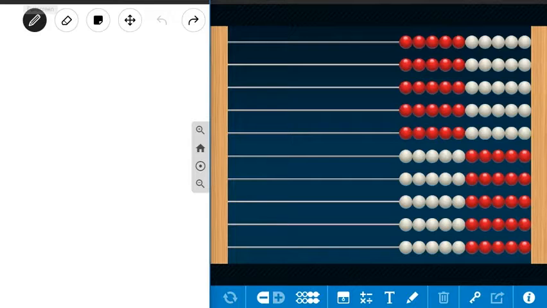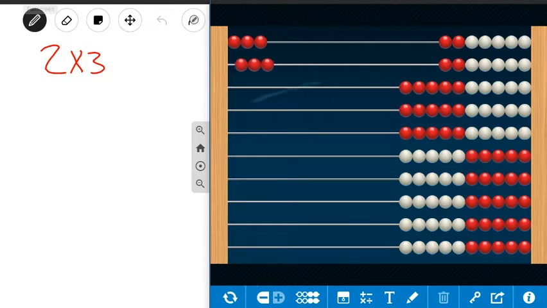All right, so let's look at 2 times 3. So I'm saying I have 2 rows of 3, which is the same as saying I have 3 2 times. 3 here and 3 there. So 2 times 3 equals 3 plus 3, which is 6.